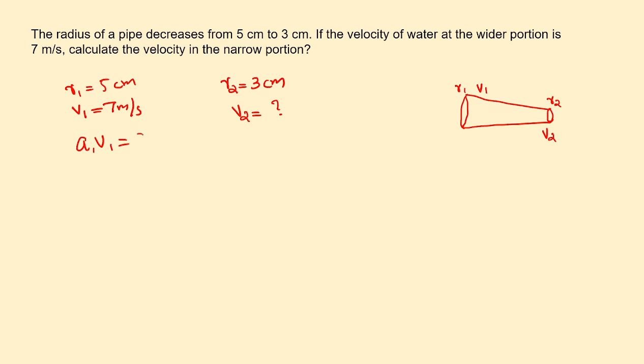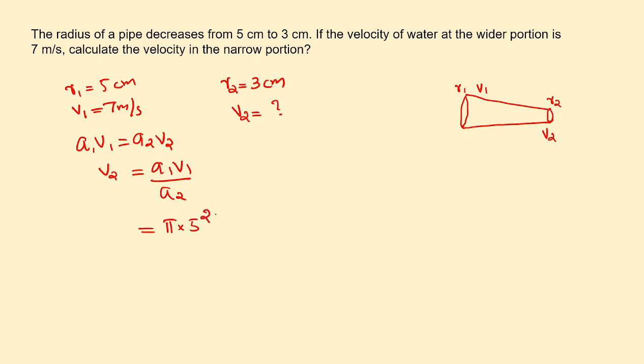A1 V1 is equal to A2 V2. So we are asked to find V2. So A1 V1 divided by A2. Okay. Now let us substitute. So what is A1? That is pi R1 square. So pi, what is R1? 5. Okay.